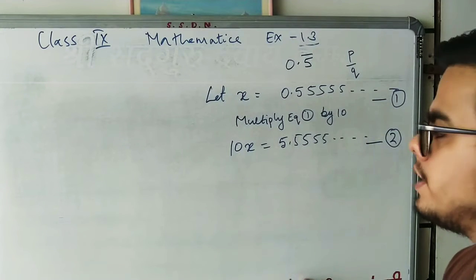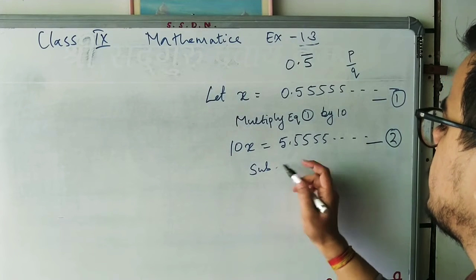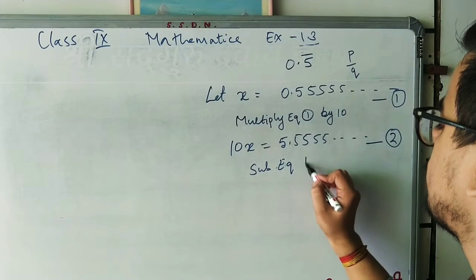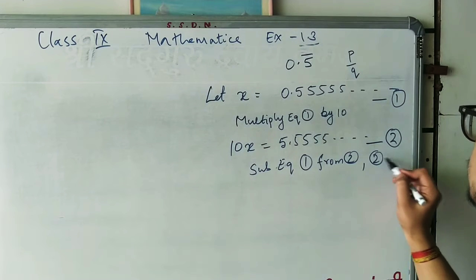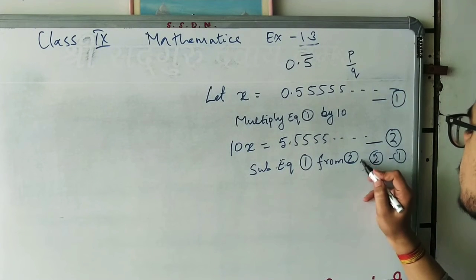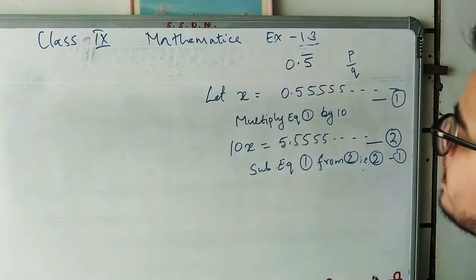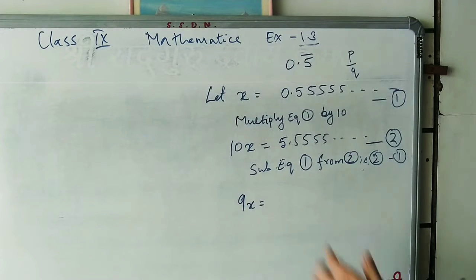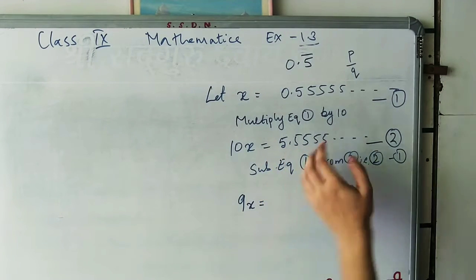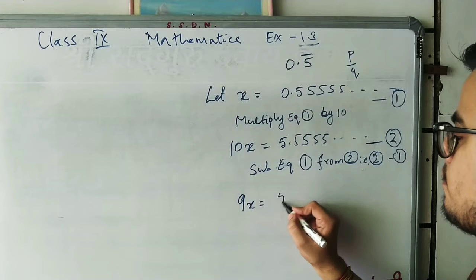Now we subtract equation 1 from 2, or you can simply write 2 minus 1. In the LHS, 10x minus x gives us 9x, and in the RHS 5.555 minus 0.555, the whole term after the decimal is cancelled, so we get 5.